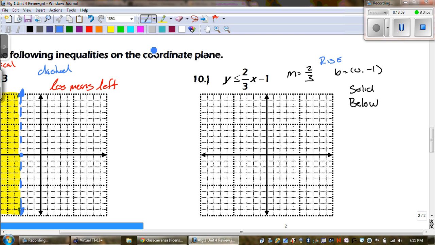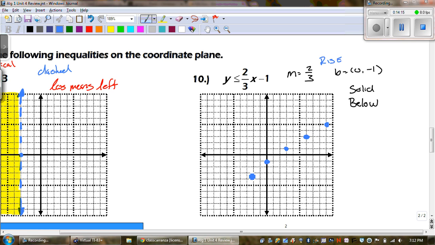So let's go ahead and start graphing this. That negative 1 is my first point, and I go up 2 over 3. Up 2 over 3. Up 2 over 3.